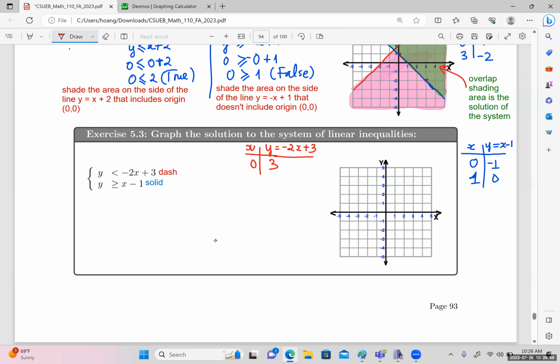And then I have 1 and 1. So 0, 3 is one, and 1, 1 is another one, right? And then draw the line through these 2 points.